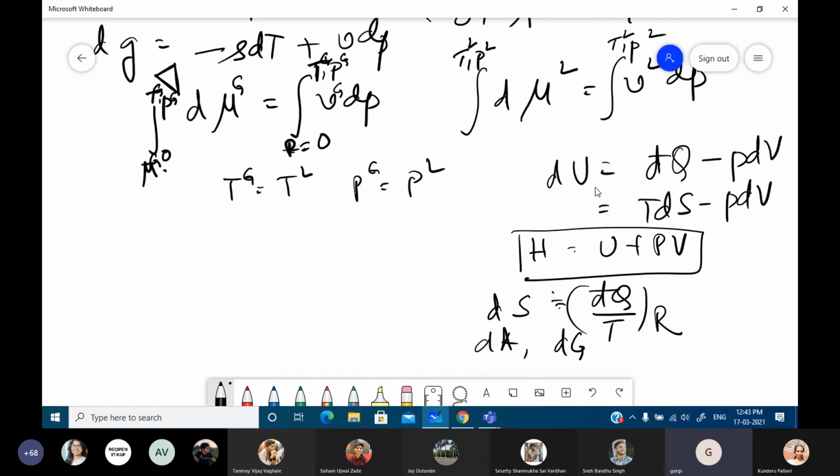Nowhere in thermodynamics except this equation have we defined the absolute value of the property. Am I clear to you?